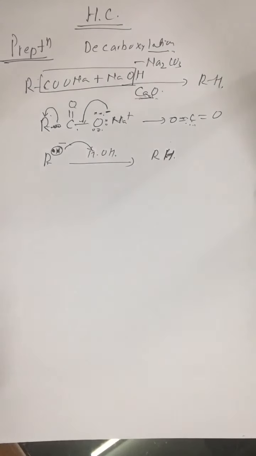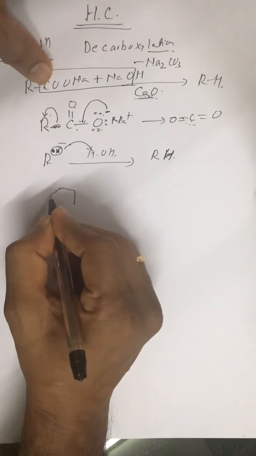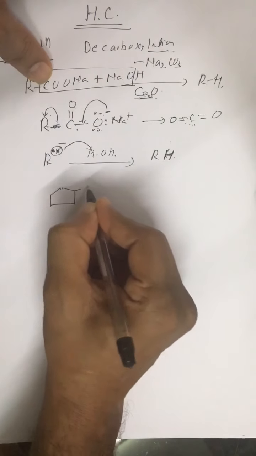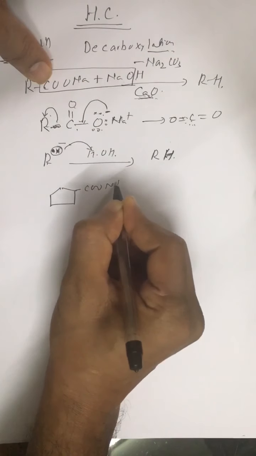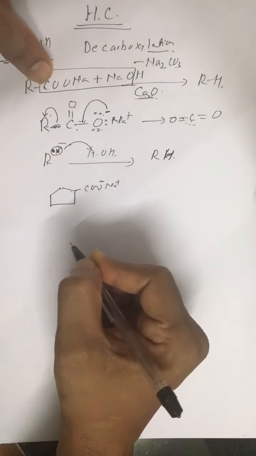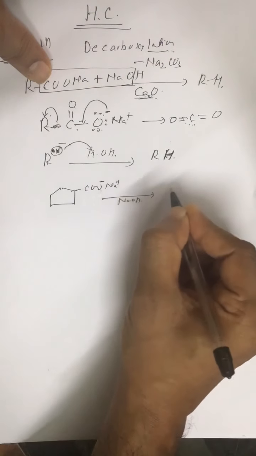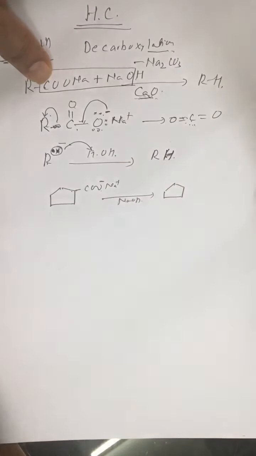Suppose we are given some examples. We are given sodium cyclopentane carboxylate. If it is treated with soda lime, NaOH and CaO, the product is cyclopentane.